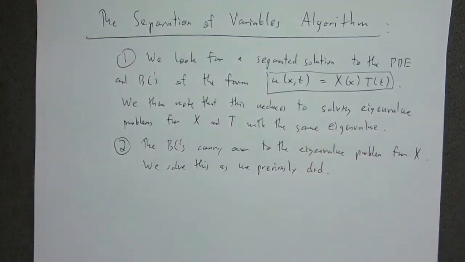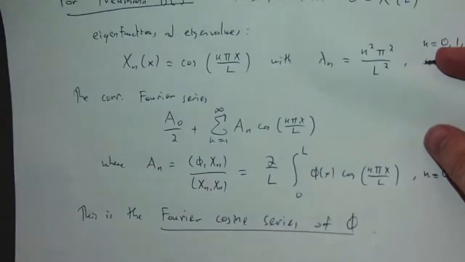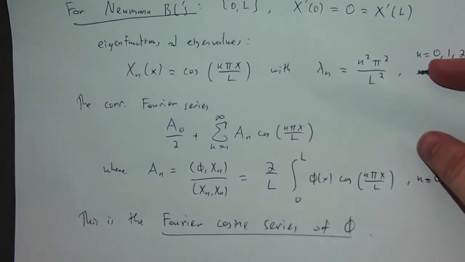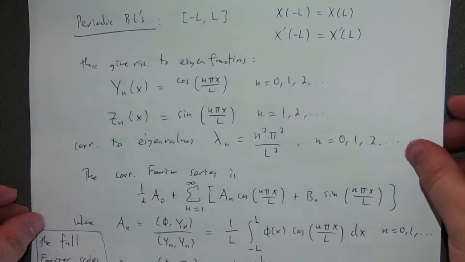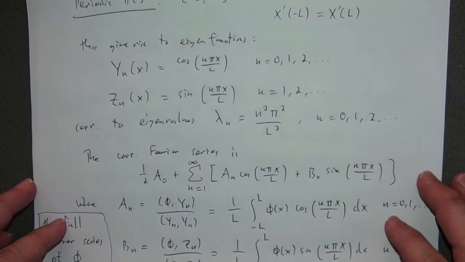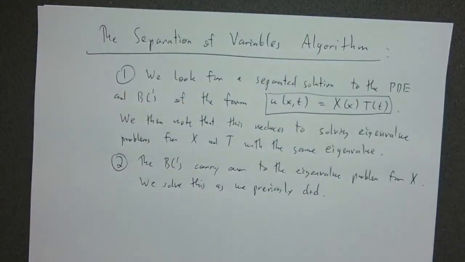To remind you, we had a list. Here's the Dirichlet case. Here's the Neumann case. And here's the periodic case, where this was just the full Fourier series.